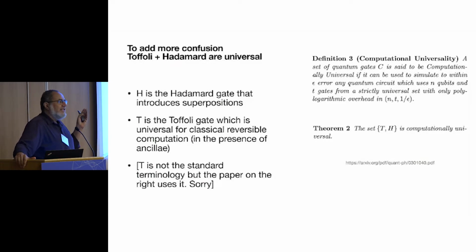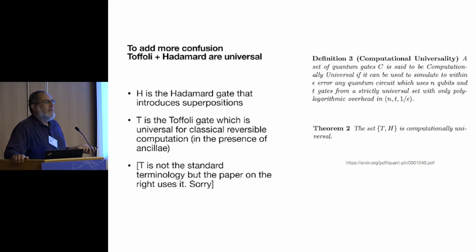But anyway, that Toffoli gate, which is classical universal, plus one gate, which is the Hadamard gate that does superpositions, which we saw in the first slide, these two are universal, up to some approximation, which is not important for now.